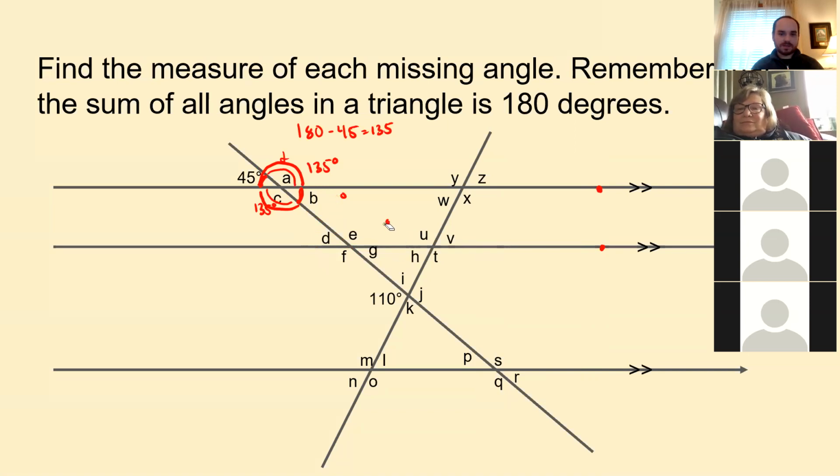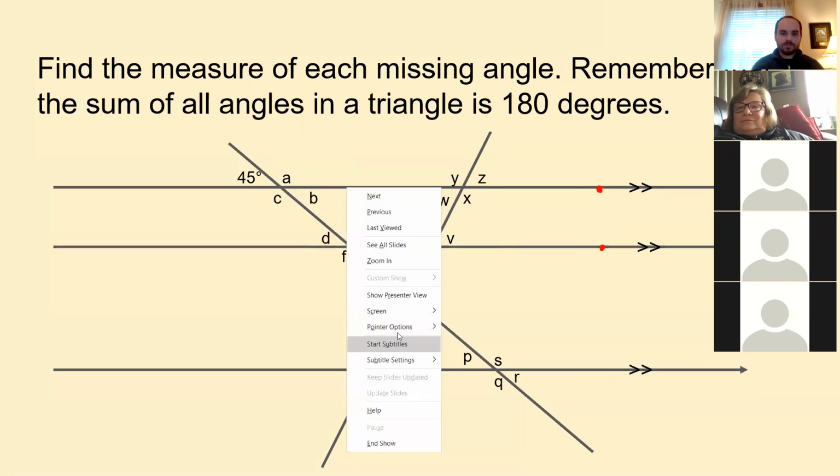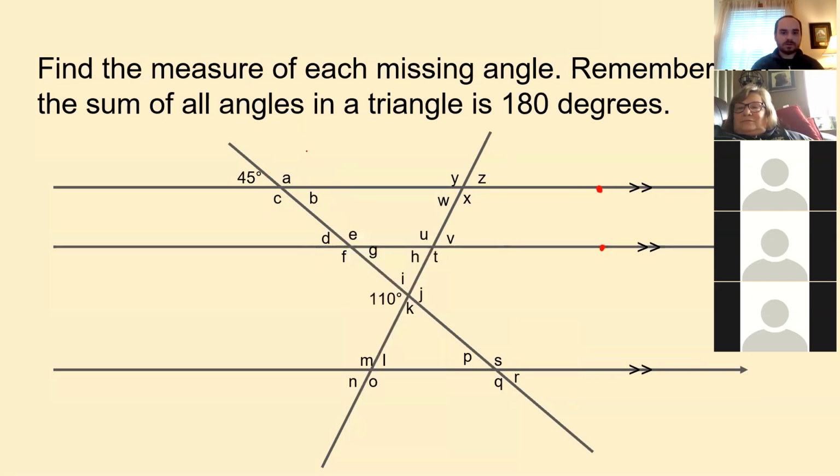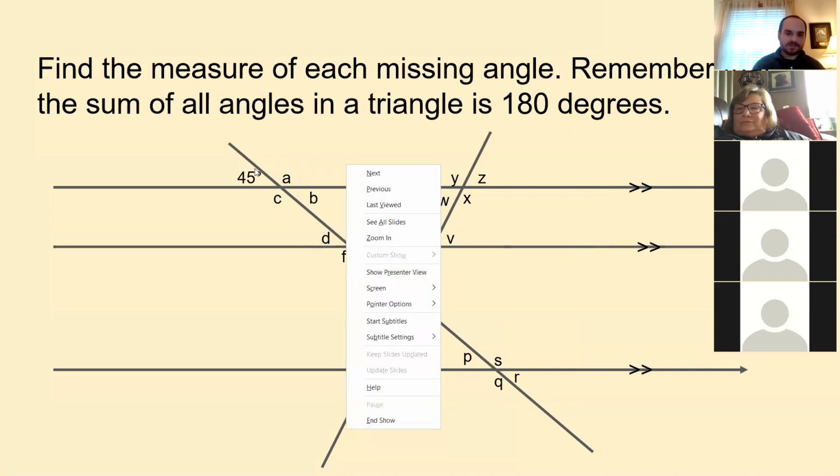I'll fill these back in a second. Can anybody tell me what other angles are the same, intersected by that transversal on parallel lines? Oh, whoops. Yep, I put them backwards. That was my bad. Honestly, let's just clear this again. Start that over.